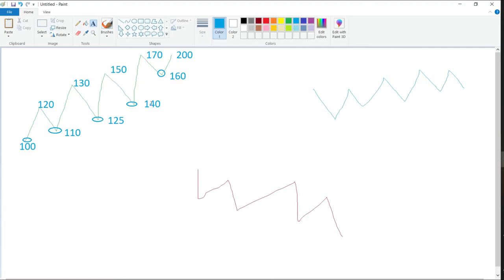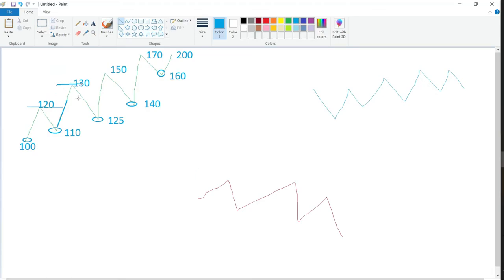So how do you know at what level you should have entered? If you see this precisely, every time it made a move, it crossed its previous high. From 110, it made a high of 120 and came back to 110. So at 110 levels the high was about 120, but it crossed 120 levels and made a new high of 130.